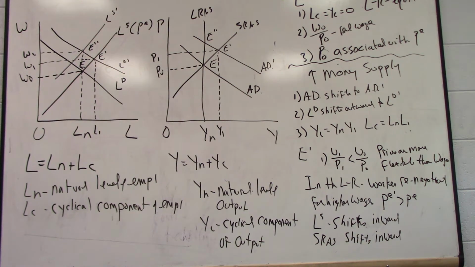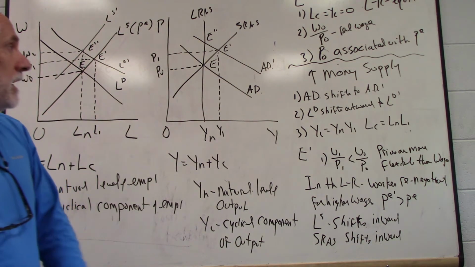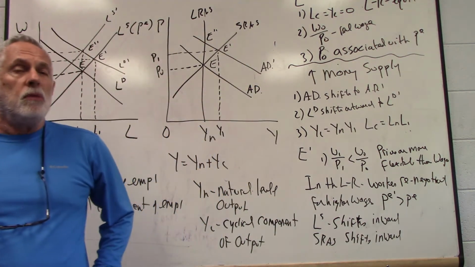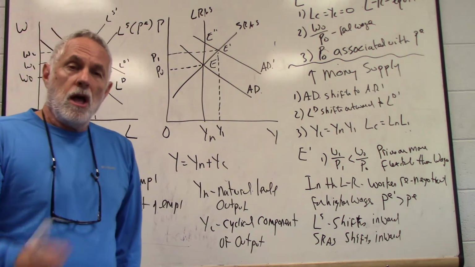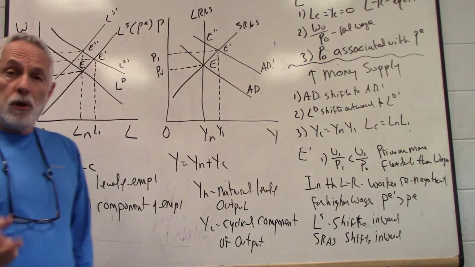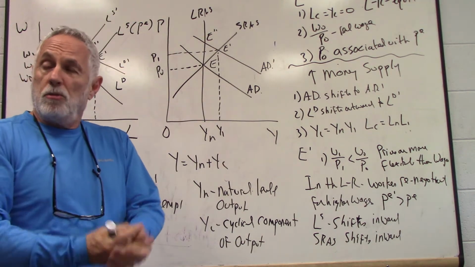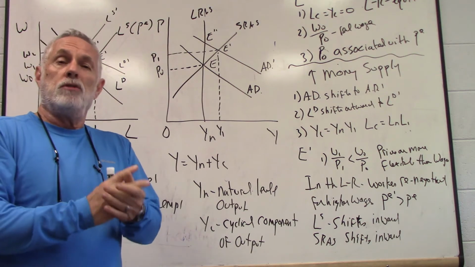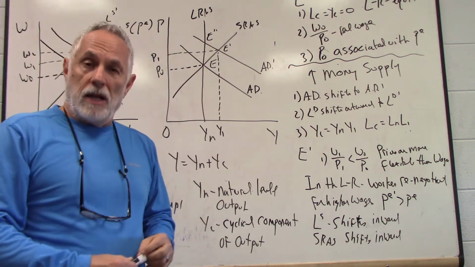Okay. Now, what I'm going to do is shift one of the curves by increasing the money supply. Okay, and we talked about increasing the money supply through open market operations. So we do an open market purchase, where the Federal Reserve will purchase bonds from the banks. The banks will swap those bonds and get excess reserves in return, or just cash, and then they can loan out that money to firms and households.